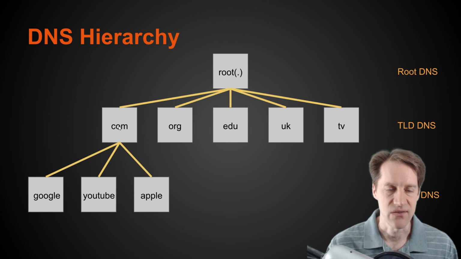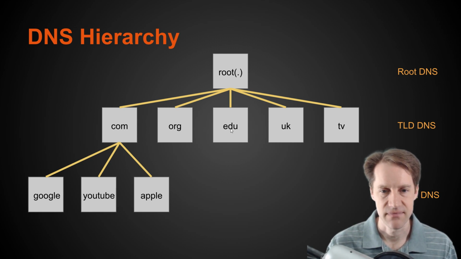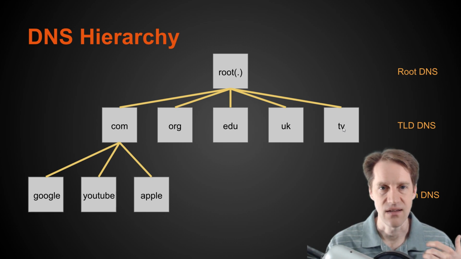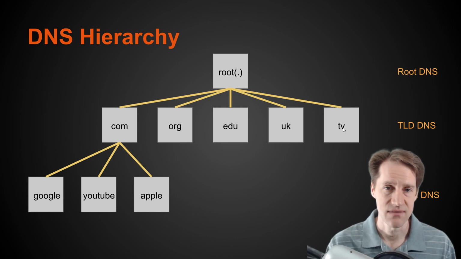So for example, you have .com, which I'm sure you use very frequently. .org is used for nonprofit organizations. .edu for education type institutions. There are also country-based ones like UK, and then they've started adding even more top-level domains like TV. For example, we have a link to take you to the Advancement Tech Show, advtech.tv. So that is the .tv top-level domain.